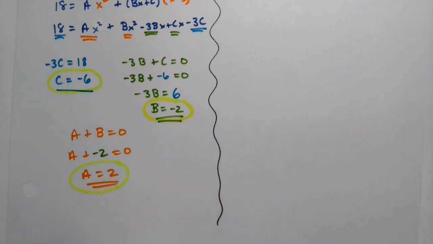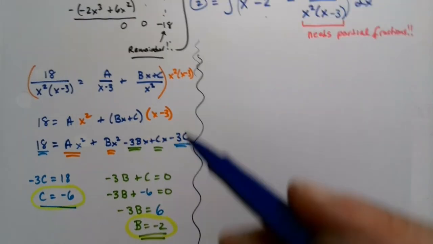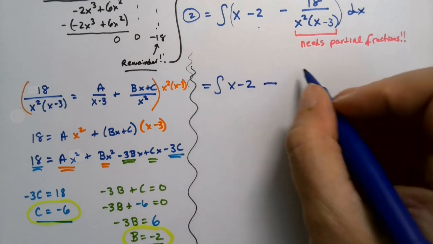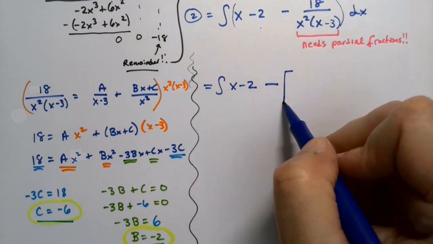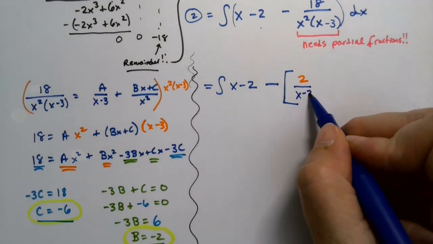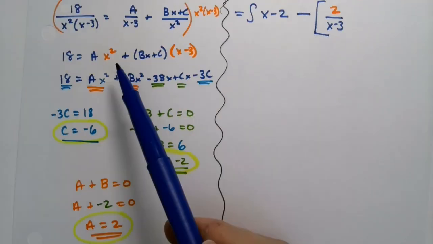Okay, so let's use this and go back and rewrite the integral. So this is equal to the integral of x minus 2 minus, and then we're going to break this down into pieces. So it was 2 over x minus 3, because we solved a, and a was 2.